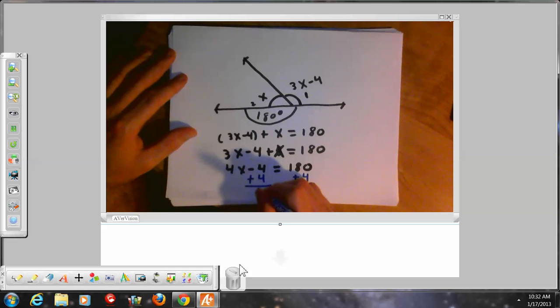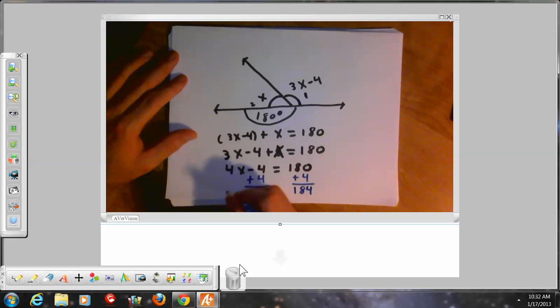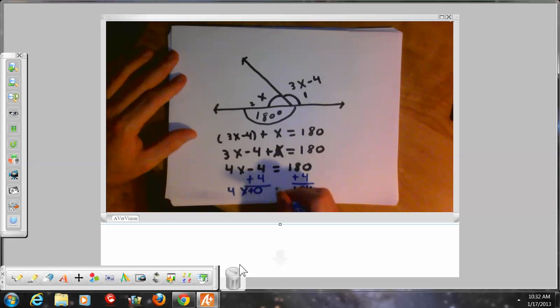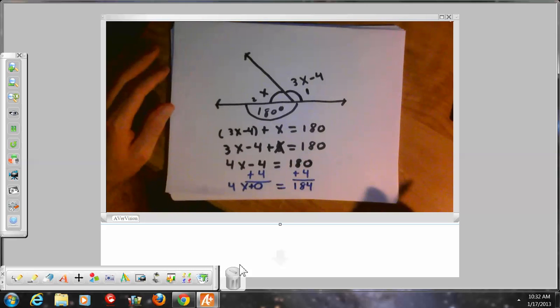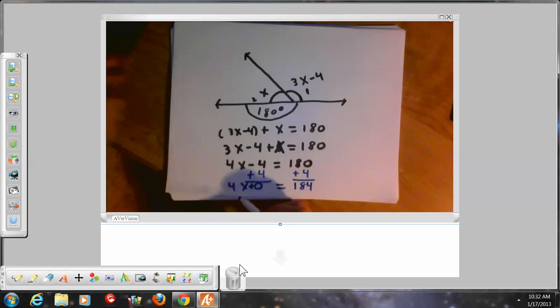So then positive 4 and negative 4 is 0, and 180 plus 4 is 184, right? So then the equation becomes 4x plus 0 is equal to 184, right? I can just bring the 4 down. 4 and minus 4 cancel out to give me 0, and 180 plus 4 is 184.